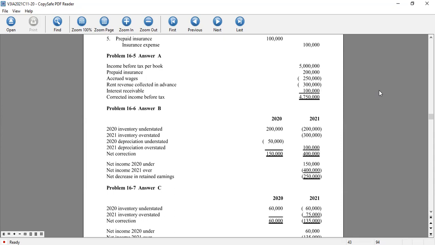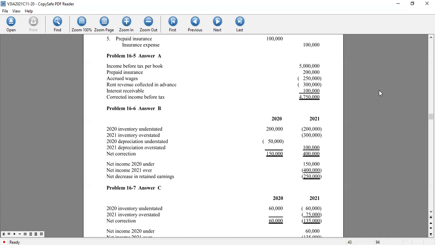So we now go to 2020 and 2021. The 2020 inventory was understated for the ending inventory, and the 2021 it's overstated. So we now have the corrections.